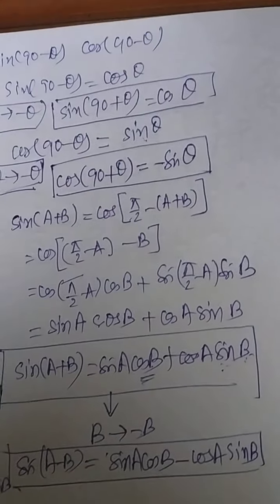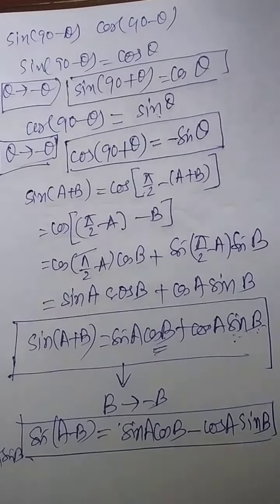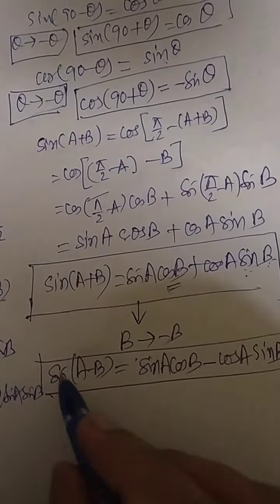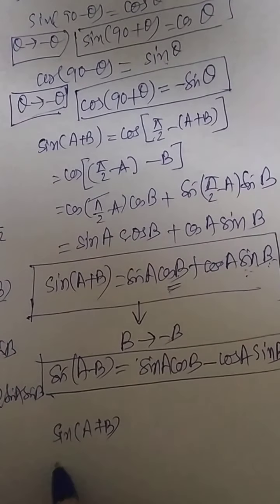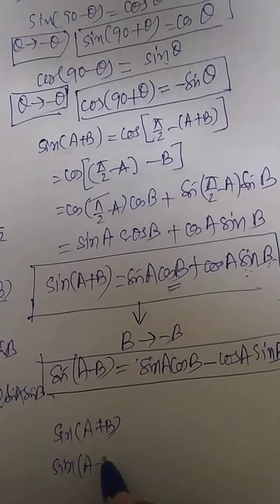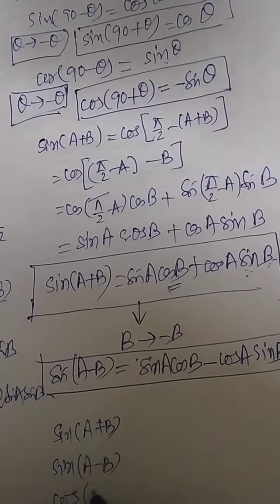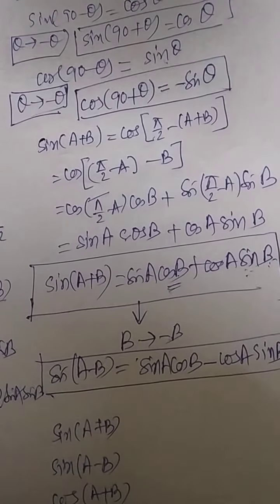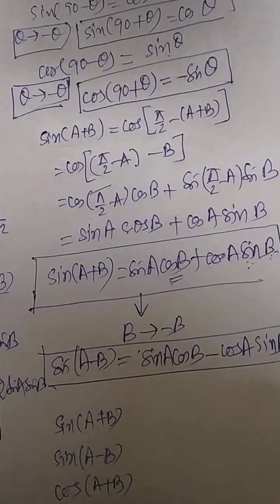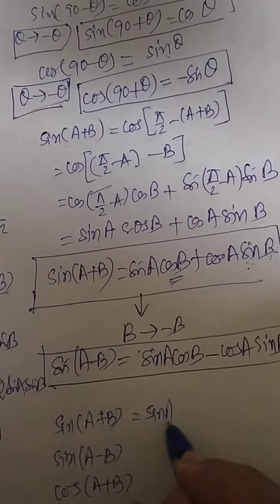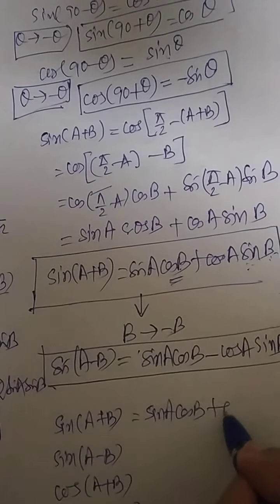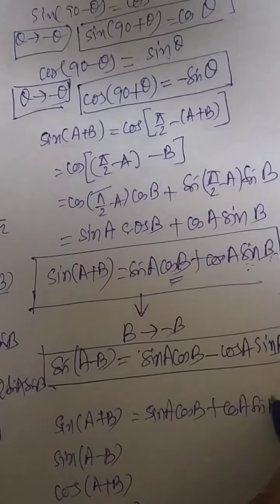Now we have got 4 different remarks. Those remarks you can tabulate properly. The first one is sine of a plus b. Below that, sine of a minus b. Write in this order. We have learned in a different order, but you should keep it in this form, as it will be useful in many ways. This is sine a cos b plus cos a sine b.